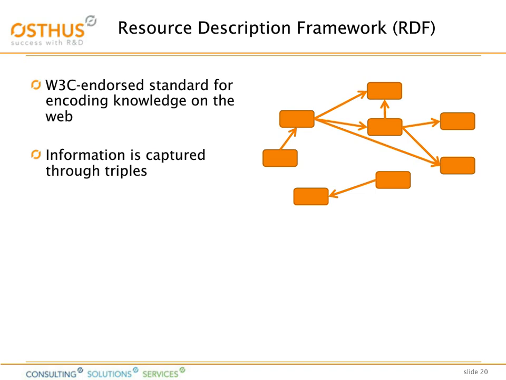So while in the classical web we had links between different web pages and documents, where the link had no precise semantics, in semantic web we have individual data items linked, and the Resource Description Framework, or short RDF, is a standard for encoding this type of knowledge, and this is standardized by the World Wide Web Consortium.